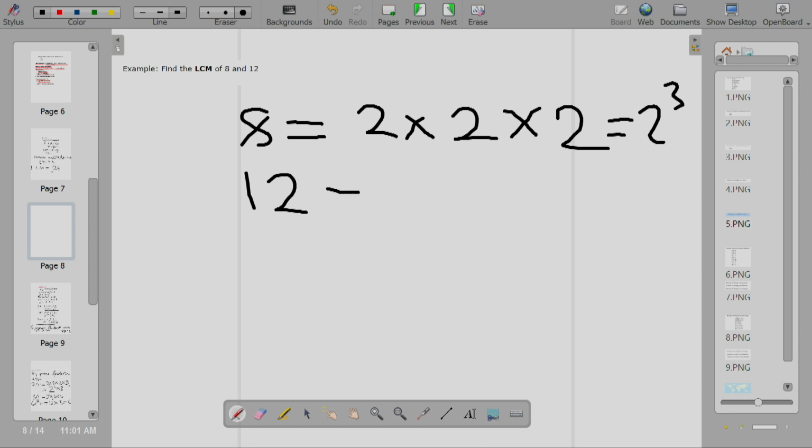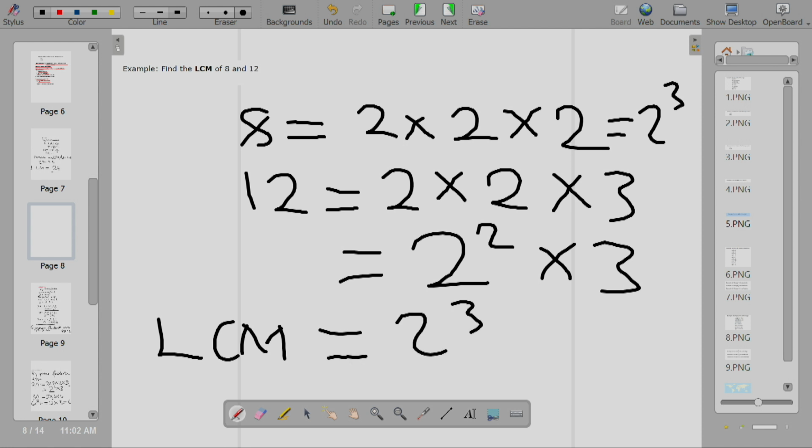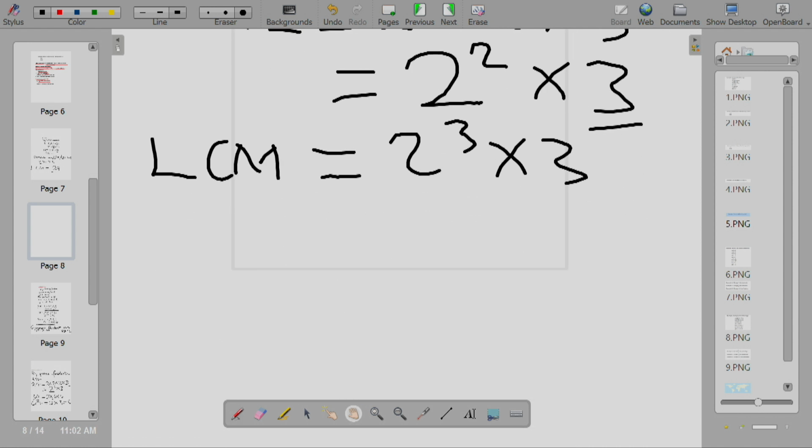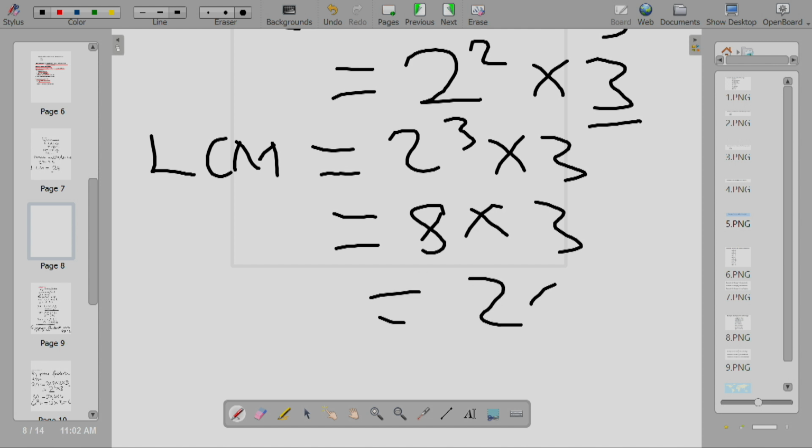Also 12 equals 2 times 2 times 3, which is 2 squared times 3. So the LCM will be equal to 2 to the power 3 times 3. 2 cubed is 8, times 3, which is equal to 24.